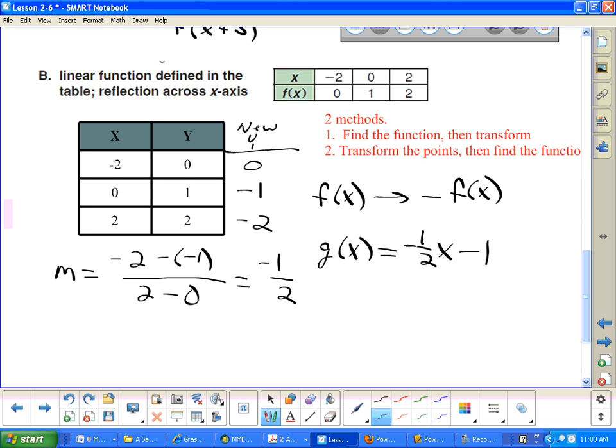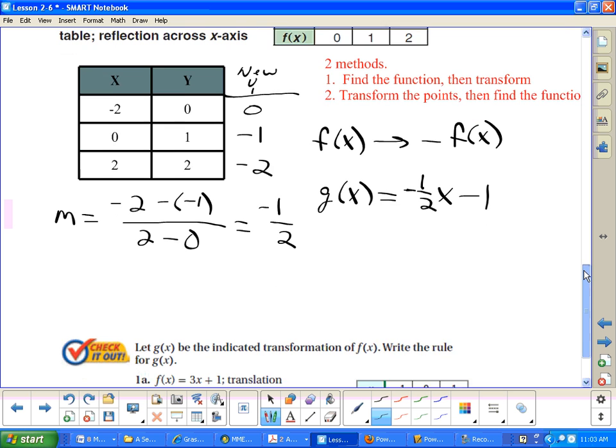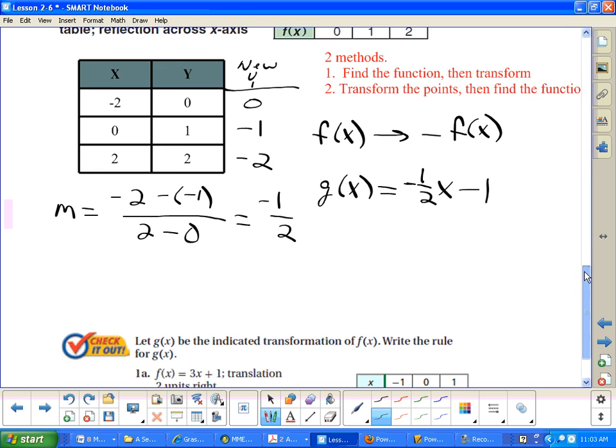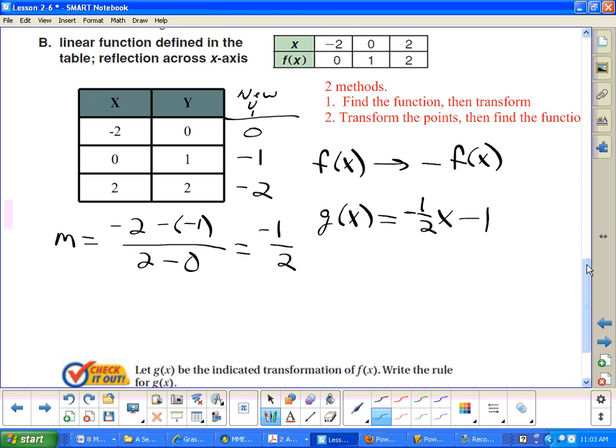Now, that would be the second method: transform the points, then find the function. If we use the first method, find the function and then transform it, well, the function here, with the original points, the y-intercept is positive 1. So f of x would have been positive 1, and the slope was 1/2. So the original function would have been 1/2 x plus 1.